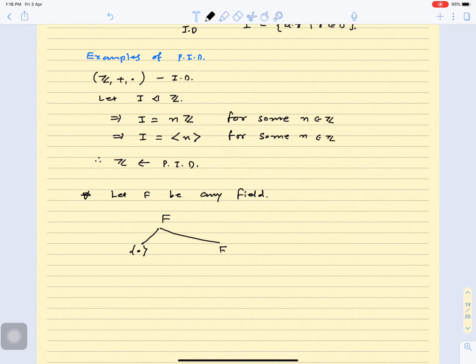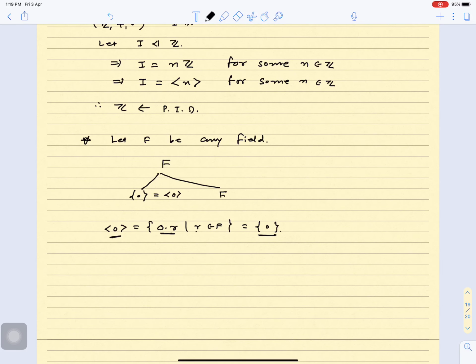If you consider the ideal generated by 0, then it is 0 times r, where r belongs to F. So it is 0, because you multiply any element with 0, you get 0. So this set contains only the 0 element. So the singleton 0 is the ideal generated by 0.